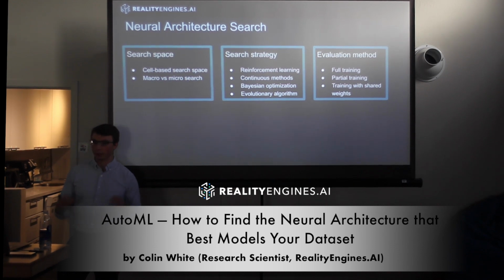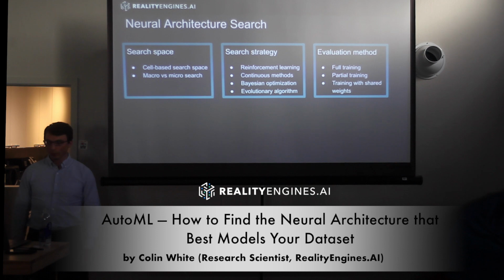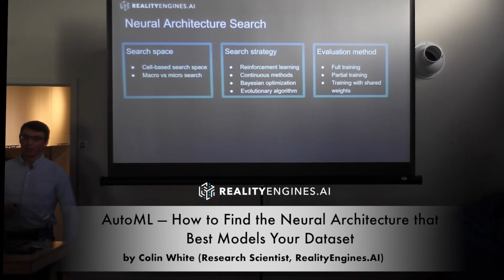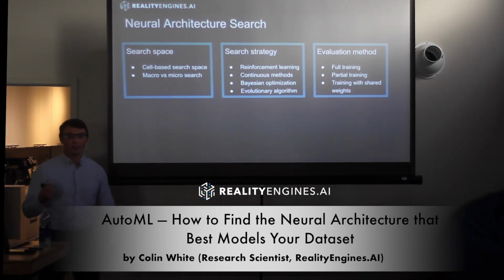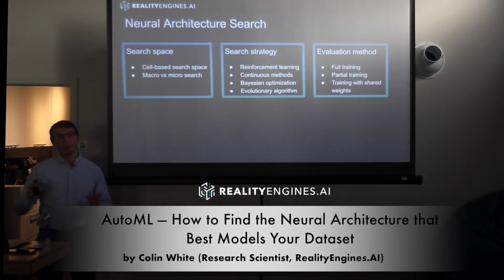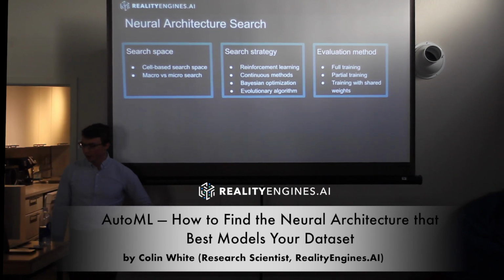The first is the search space: what set of architectures are you searching over? The second is the search strategy: what algorithm are you using to find the best architecture? And the third one is the evaluation method. So that's like on the last slide: do you train every single architecture to the end, or do you cut some off if they're doing badly at the start?